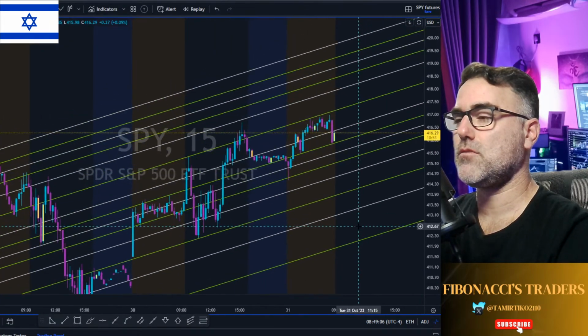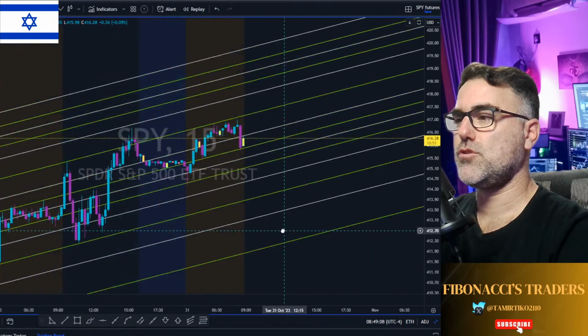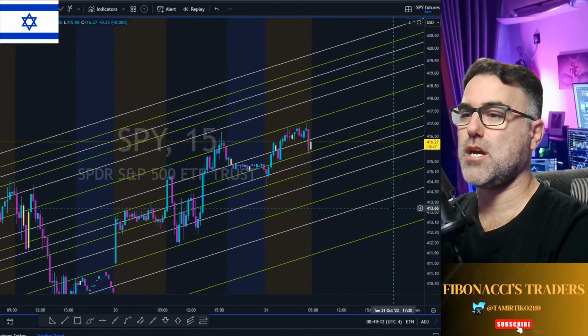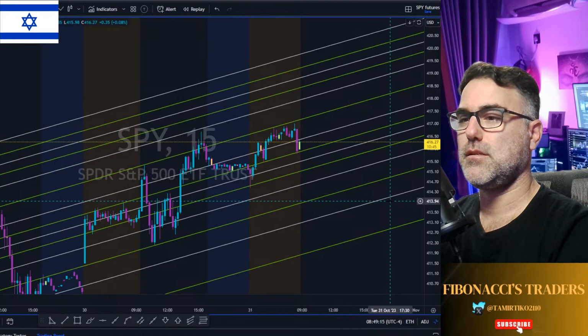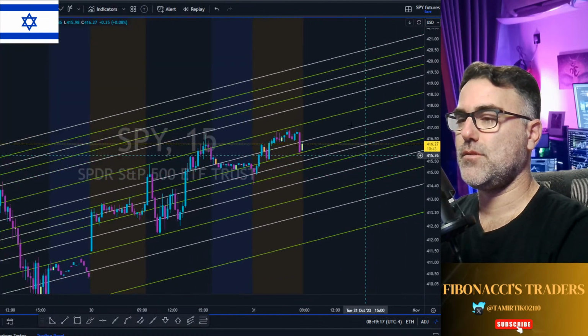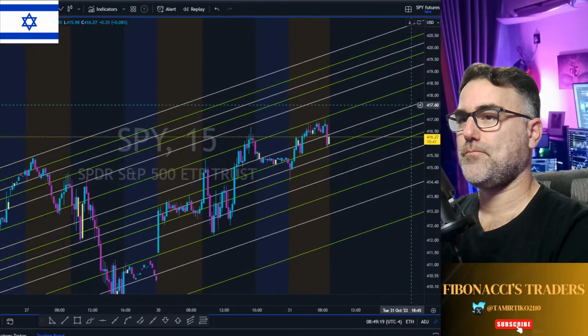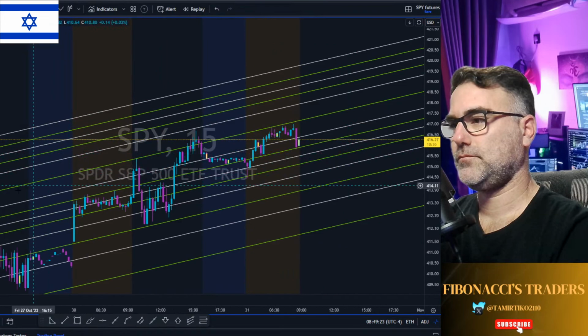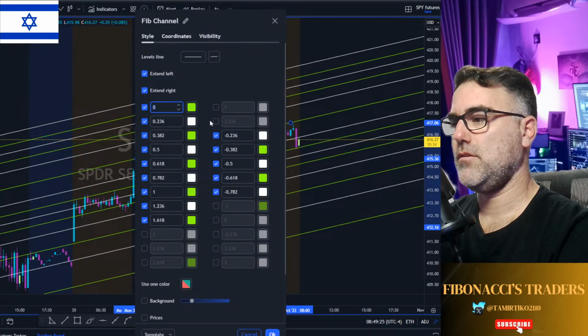No other indicator shows you the future. Fibonacci trend lines, which is the combination of trend lines and Fibonacci. Everything is Fibonacci. Everything. You don't believe me?